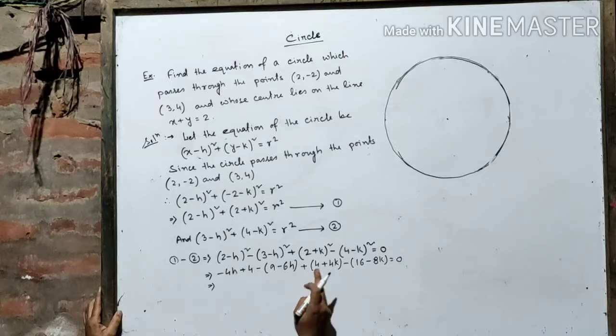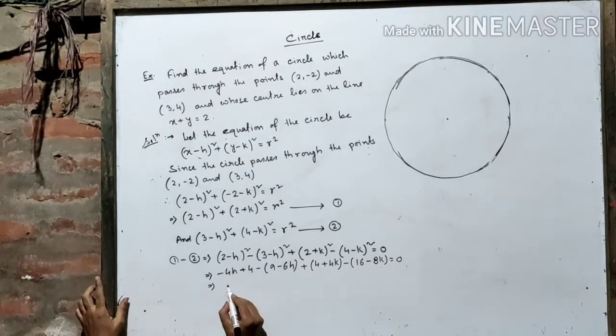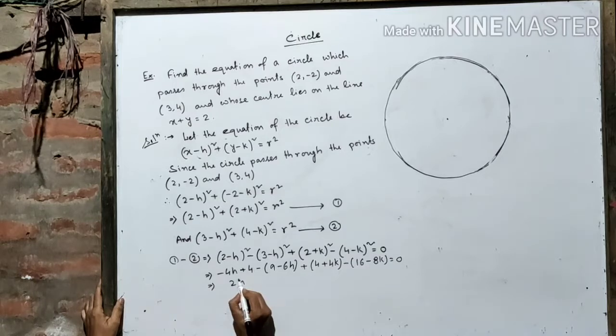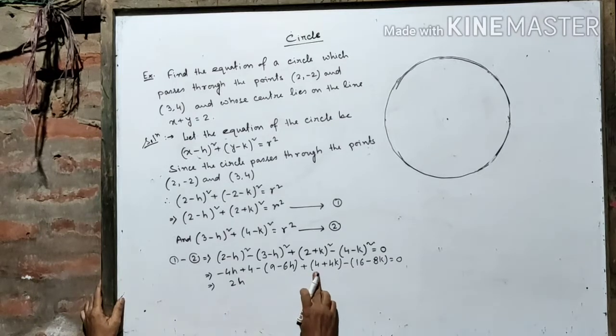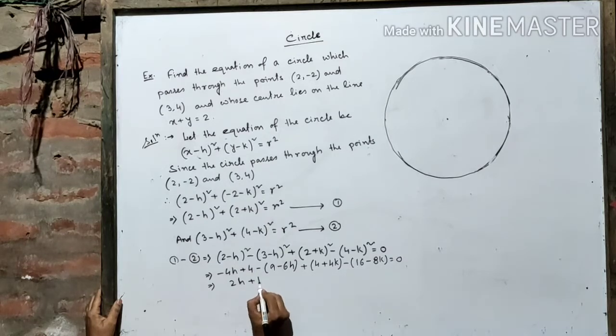So h² cancels, k² cancels. So −4h plus 6h, this implies 2h. 4k plus 8k, that means 12k.